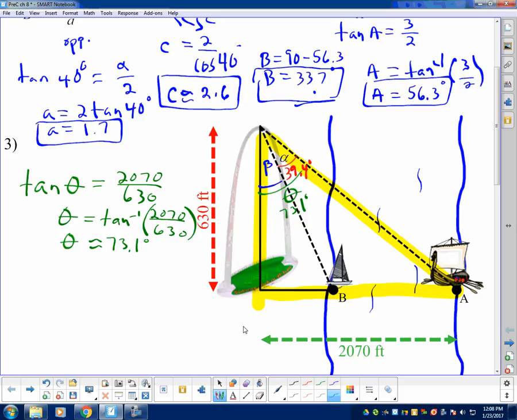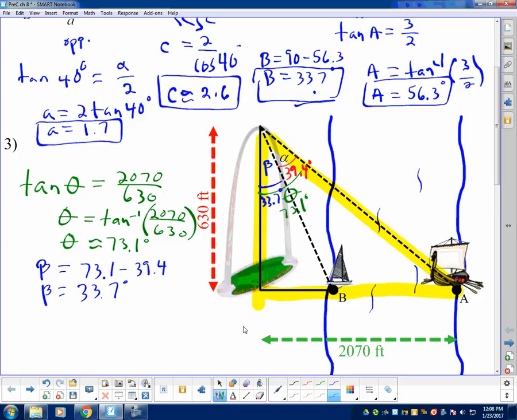So what would beta equal? Beta equals 73.1 minus 39.4. So beta is equal to 33.7 degrees. So now I have the measurement of the angle that's part of this small right triangle here. So here's the reason why I want that angle.